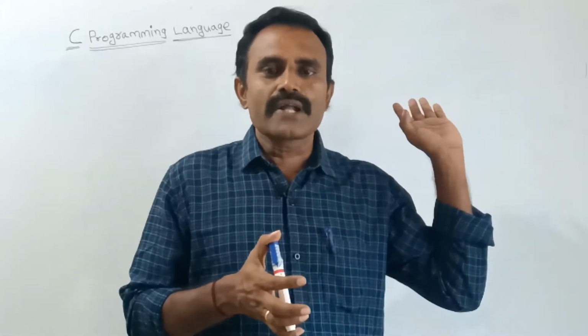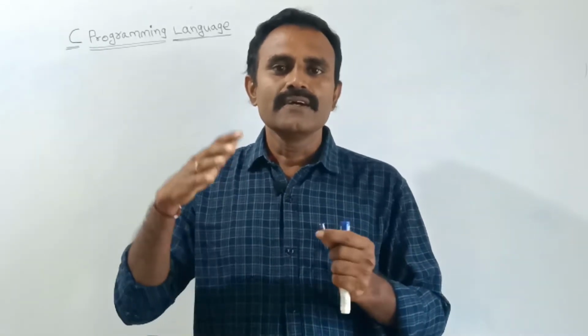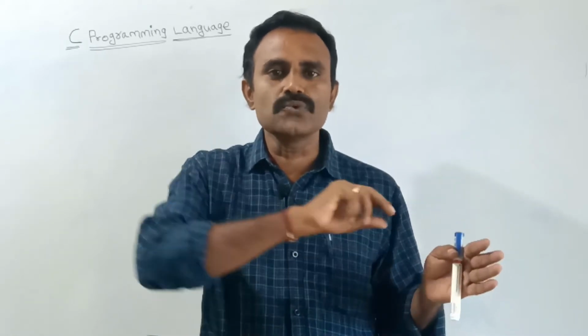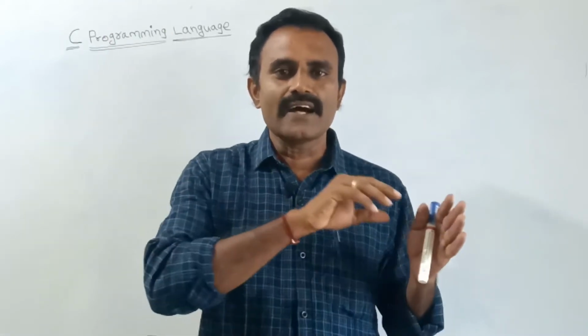Suppose in the C programming language we are writing code of 10 lines. This 10 line code should be translated to machine language, and only then can the machine carry out the instructions or do some processing.